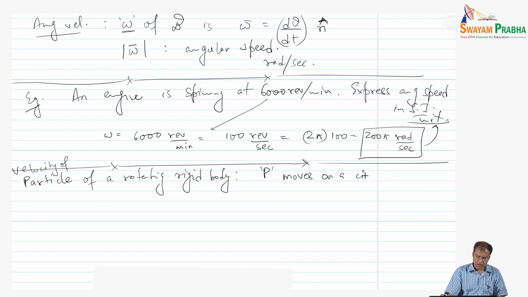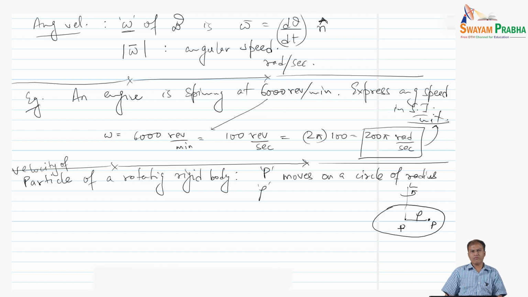So we see that the particle P moves on a circle of radius rho, right? Let us say this axis of rotation is given by L, and the particle P is at a distance rho from this axis of rotation. As the body rotates, the particle also rotates along a circle of constant radius rho.